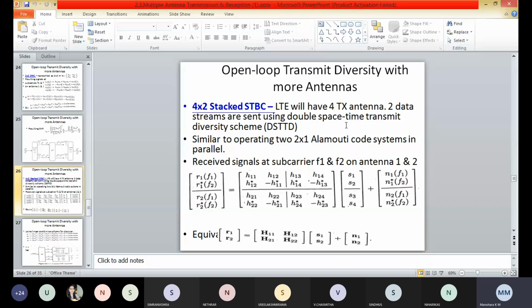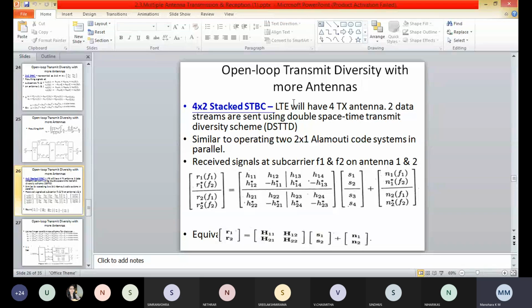Next we have a 4x2 stacked STBC. As presented in the previous section, the 2x2 Alamouti code will achieve the full diversity gain. In LTE, it is common to have 4 transmit antennas at the base station.